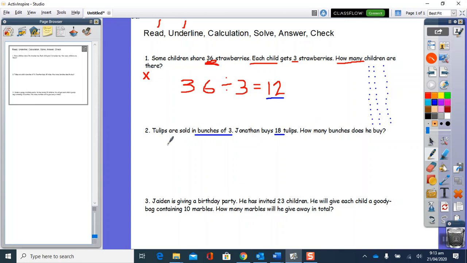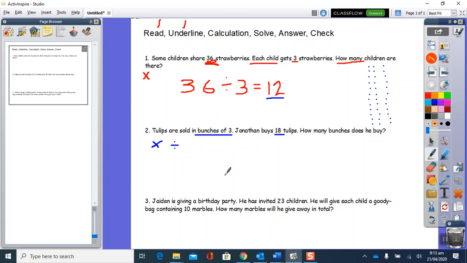So I think it's going to be between times or divide again. In fact, I know that because this is the objective, which is doing multiplication and division problems. Is it going to be 18 times 3? Well, if it was 18 times 3, then there would be one tulip in a bunch. So it's not going to be that. I think it's 18 divided by 3.